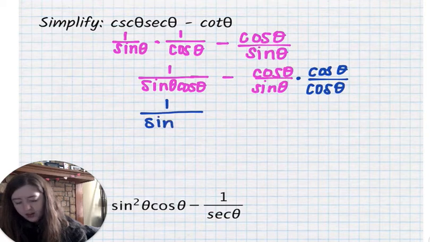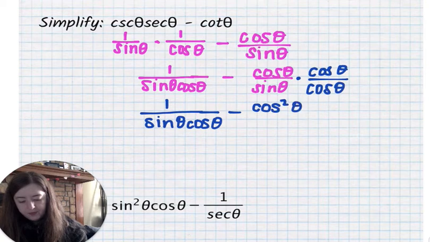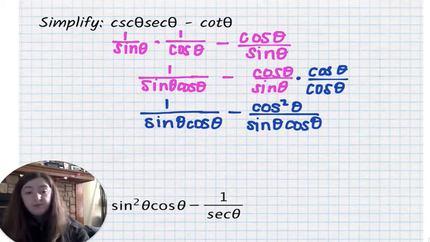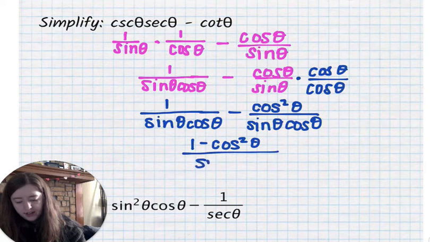So we have 1 over sine cosine minus cosine times cosine is cosine squared over sine cosine. Now that we have the same denominators, we can combine our numerators, and we have 1 minus cosine squared over sine cosine.